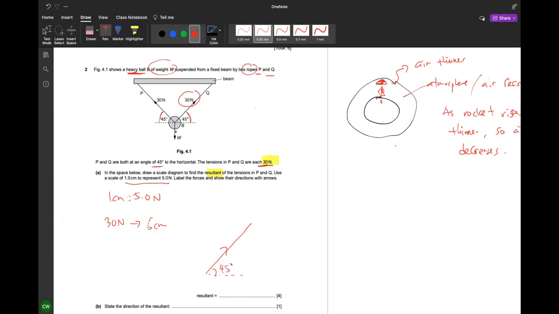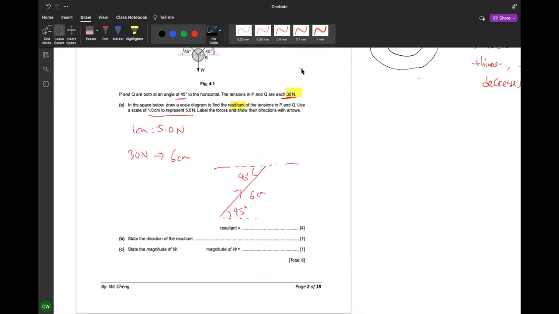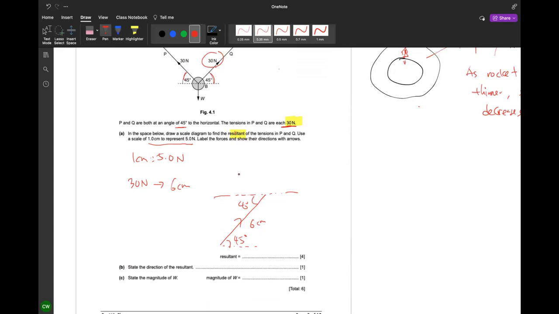Then this one is 6 cm. And then draw another line. This is also 45. Another one is like this, also 6, and this is 45 again.